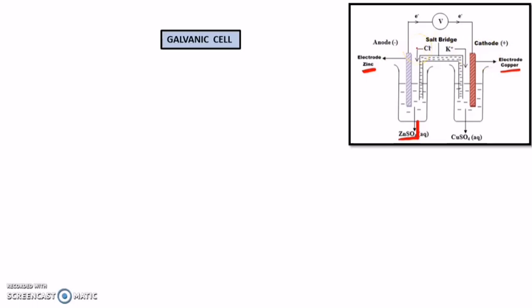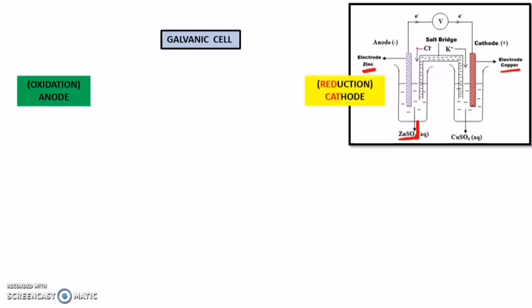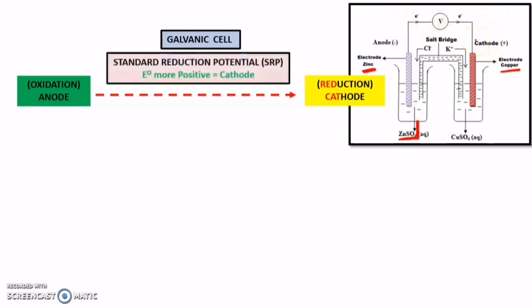Let's have a further look at the galvanic cell. With the idea that oxidation always occurs at the anode and reduction always occurs at the cathode, we know that electrons will move from anode to cathode. In the galvanic cell, you have to know how to read and use the standard reduction potential.